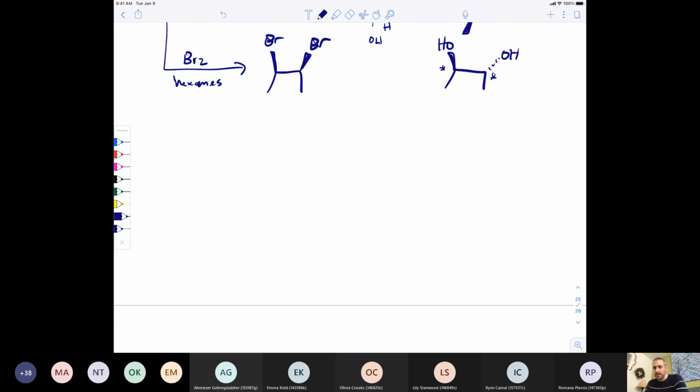Syn means that both of the things that are added, something being added to each carbon in the alkene, are added on the same face of the alkene. So an example would be if you have an alkene where this is coming towards us. Is that a pretty terrible drawing? Do you know what I'm getting at here? This is like a cyclohexene. Maybe I could do a better job.